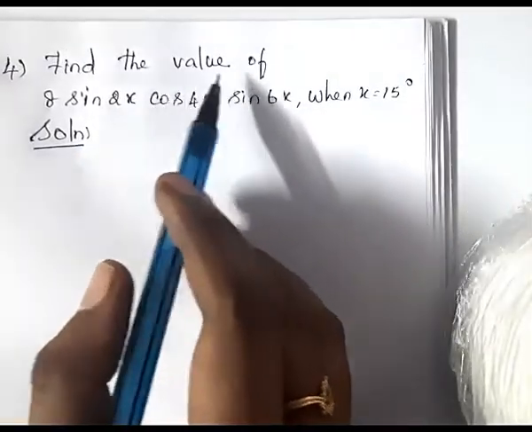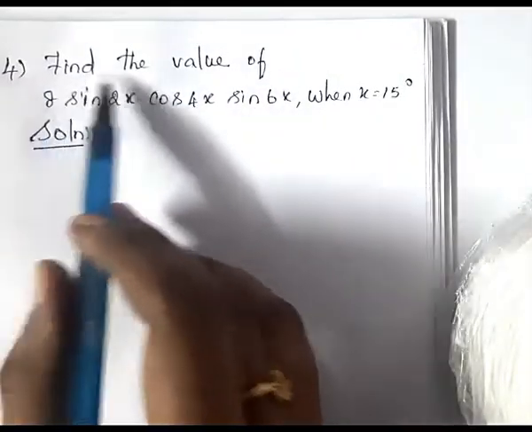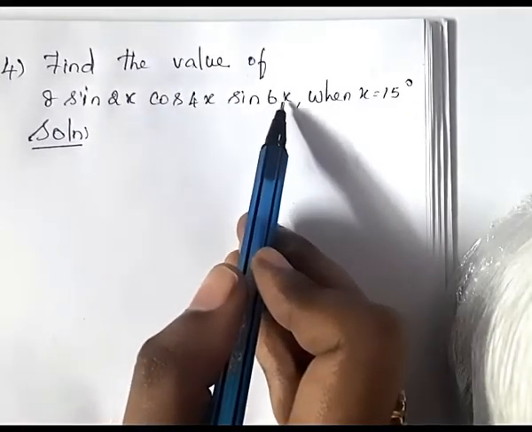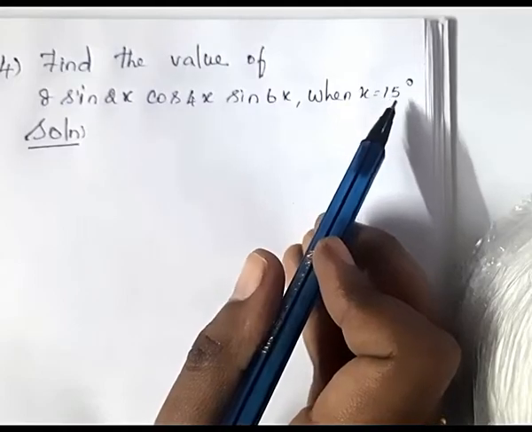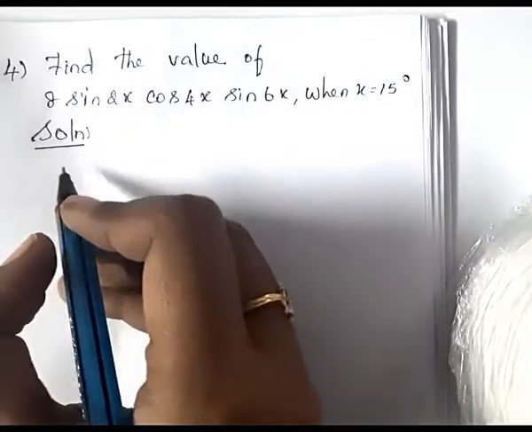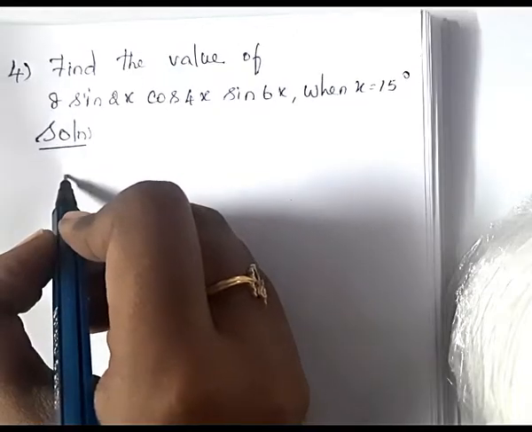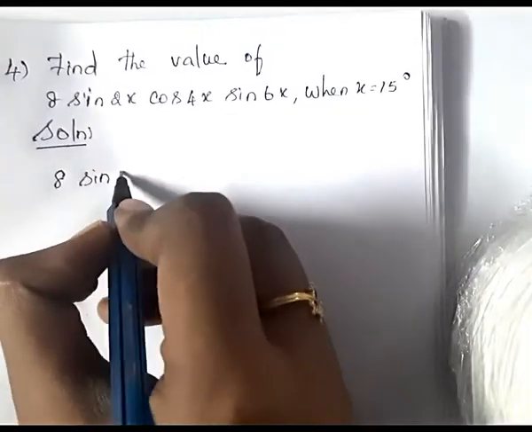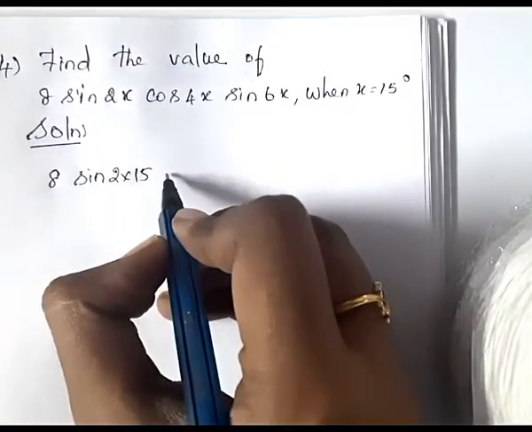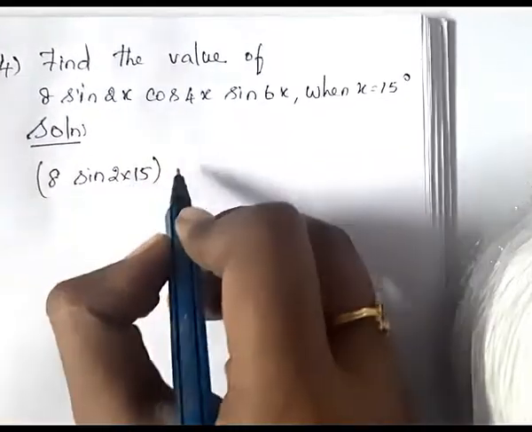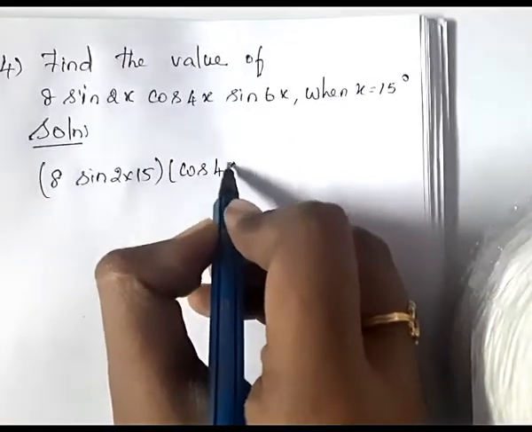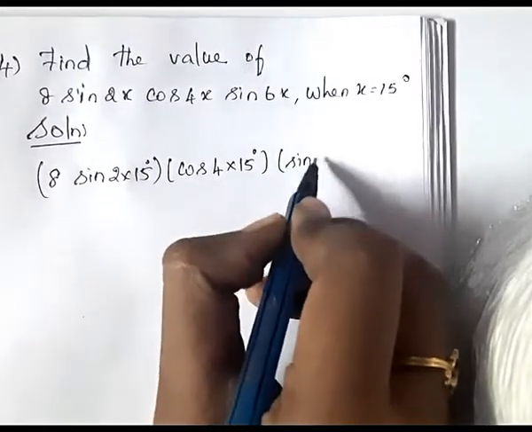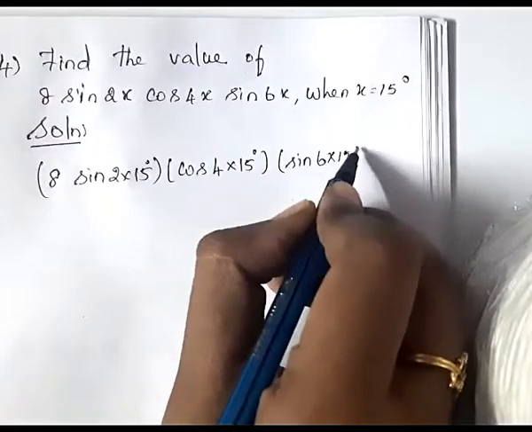Fourth question, find the value of 8 sin 2x cos 4x sin 6x when x value is given 15 degrees. So we can apply it. Apply the value of 15, 8 sin 2 into 15, cos 4 into 15, sin 6 into 15.